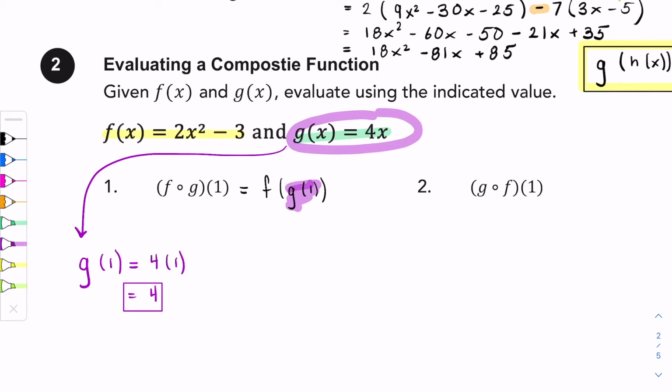Once you find the g of 1 value, it will make it a little bit easier to substitute that into the f function. Now that we know g of 1 is equal to 4, I'm going to rewrite this as f of 4. That means I found the value of g of 1, it's equal to 4. Now I'm going to take this value of 4 and substitute it back into my f function.